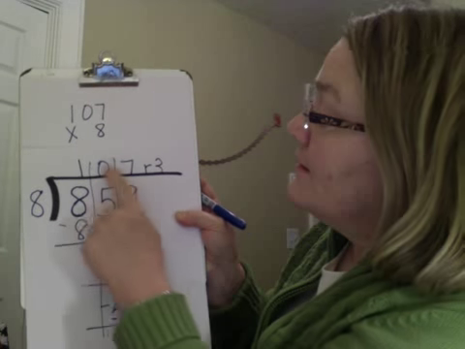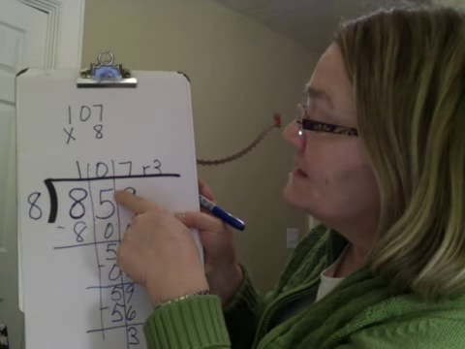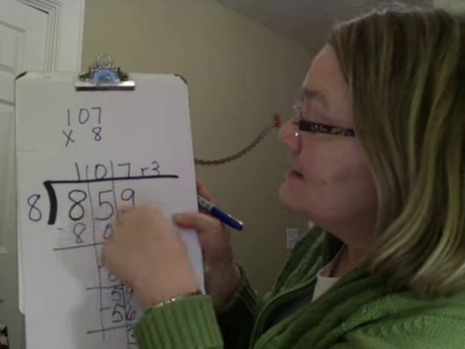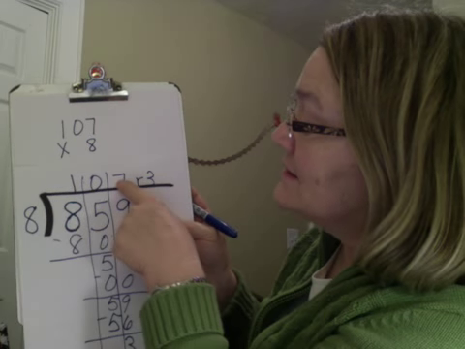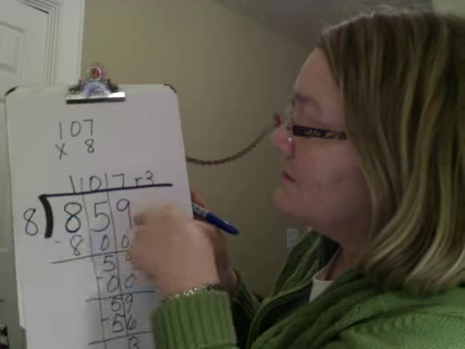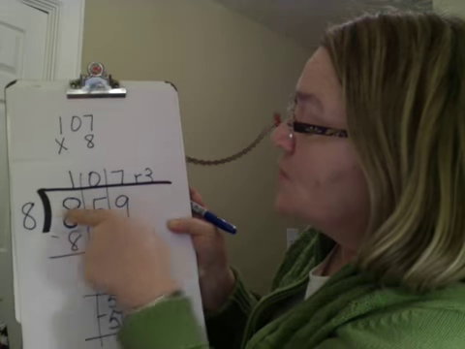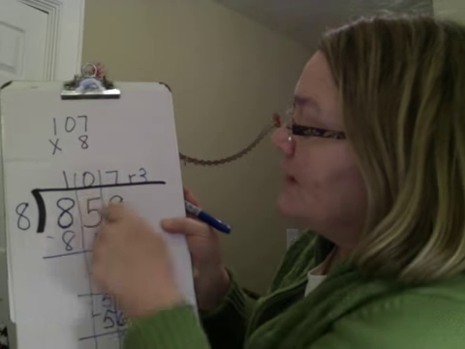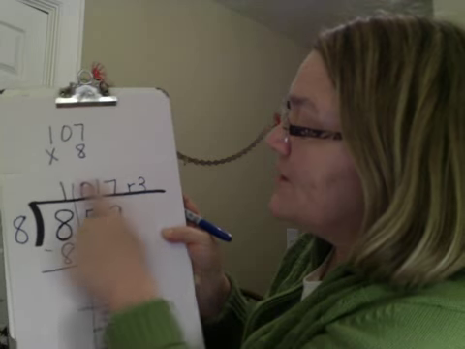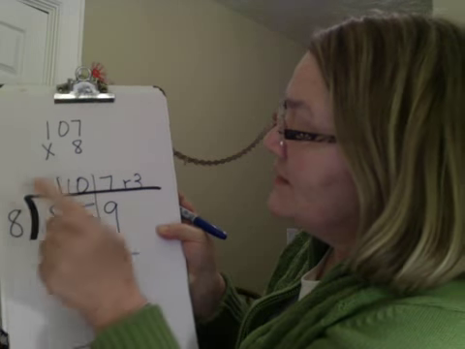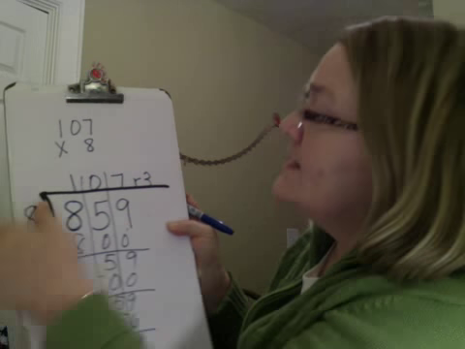Because again, this times this equals this. This divided by that equals this. It's just all connected to each other. So to figure out if we got the right answer here, we're going to multiply this with this, and we should end up with this. Let's give it a try.